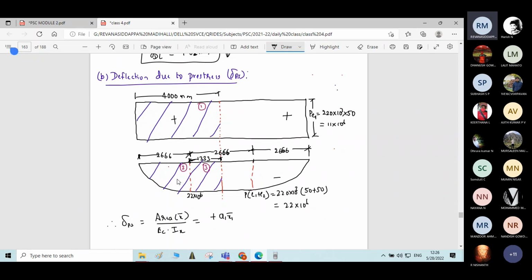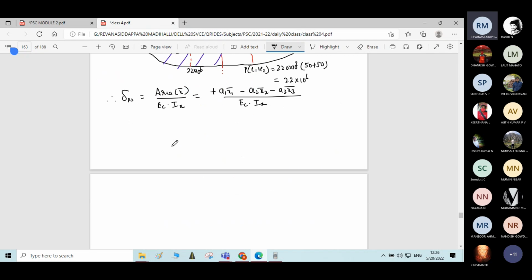Then the second and third components have negative signs: minus A2 x2 bar minus A3 x3 bar, whole divided by Ec into Ix. Now you find all the areas and x1 bar, x2 bar, and x3 bar.